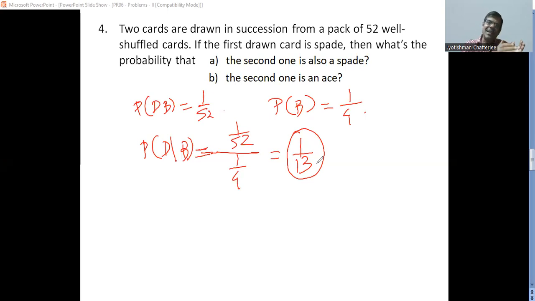So looking at the thing that way, intuitively you can say that probability of D should be 4 upon 52, because there are 52 possibilities and only 4 are favorable. So probability of D should be equal to 4 upon 52, that is 1 upon 13.